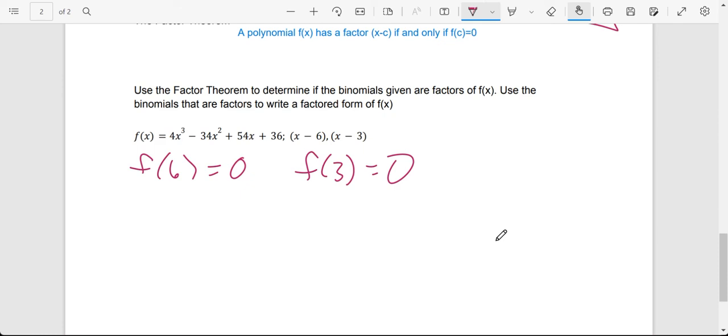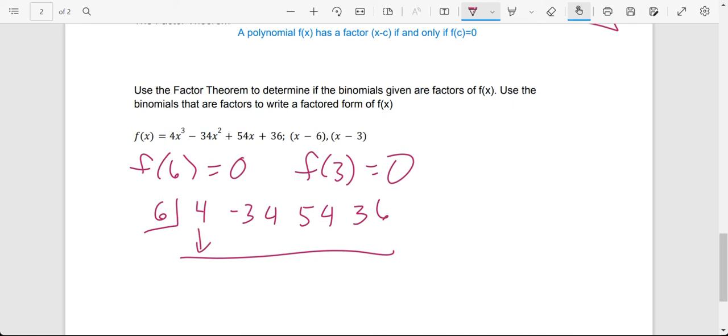So let's do synthetic division in order to factor it out, because that'll probably be the easiest, right? So let's put 6 in. Bring down the 4. 4 times 6 is 24.